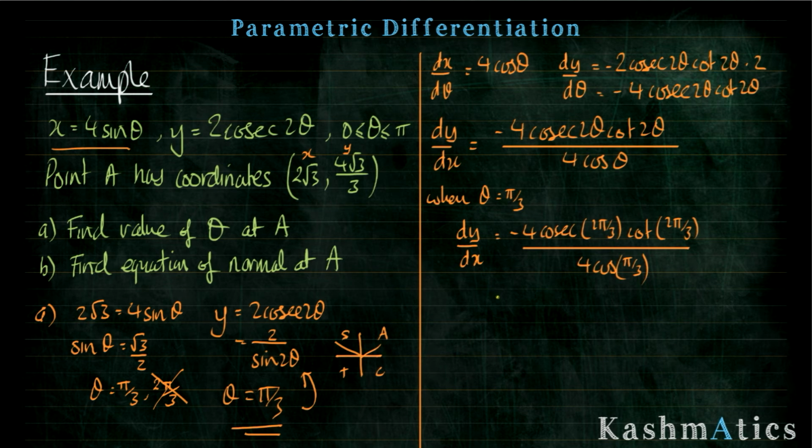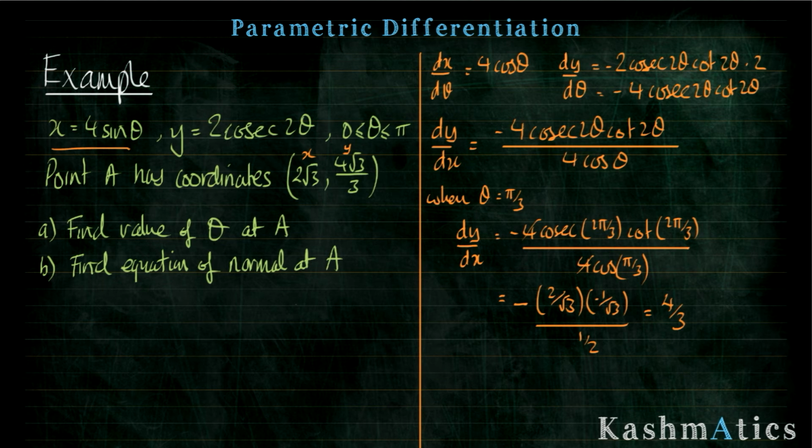Let's go ahead and work out what all of this gives us. So the 4's cancel each other out. Let's keep the minus there. The cosec of 2 pi over 3 is 2 over root 3. Okay, the cot of 2 pi over 3 is minus 1 over root 3, and that's all divided by the cos of pi over 3, which is a half. And what that simplifies to is 4/3. Okay, so the gradient at the point A is 4/3.